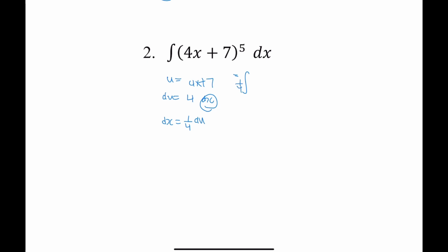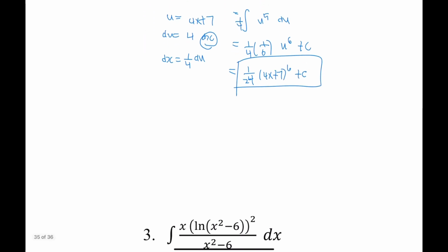So 1/4 times u to the 5th power, du, and then 1/4 times 1/6 times u to the 6th power plus c, which means 1/24 times (4x plus 7) to the power of 6 plus c. So this will be our answer for number 2.